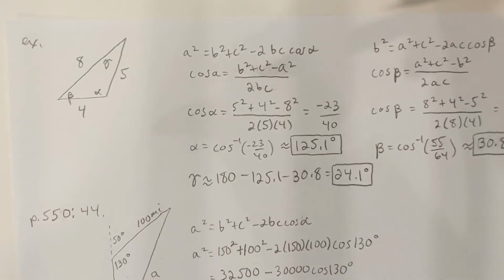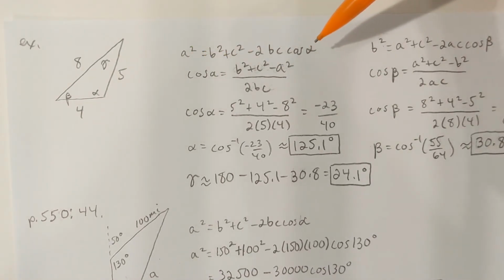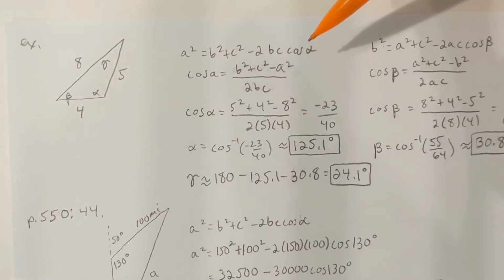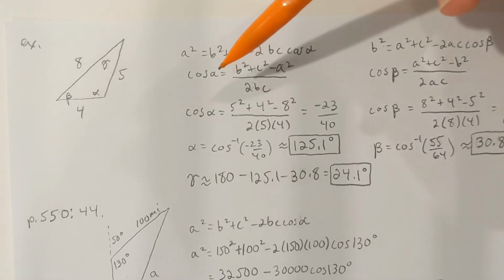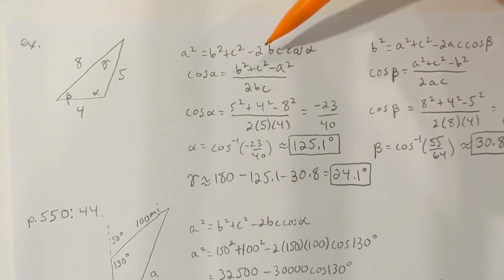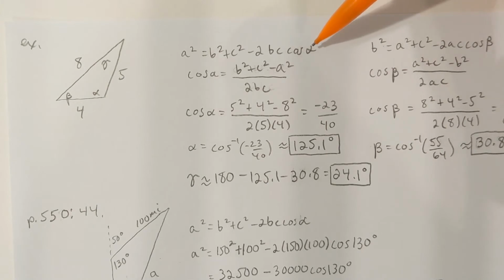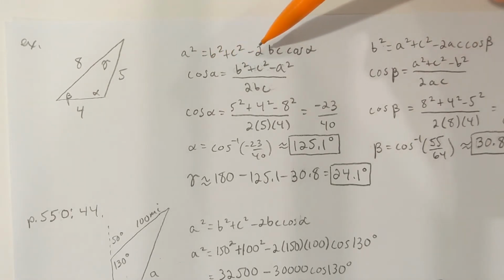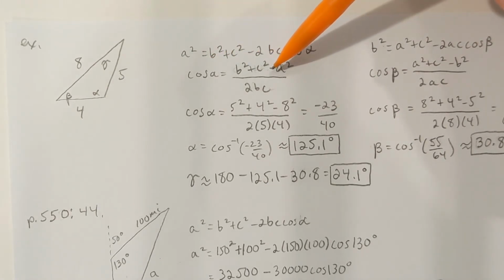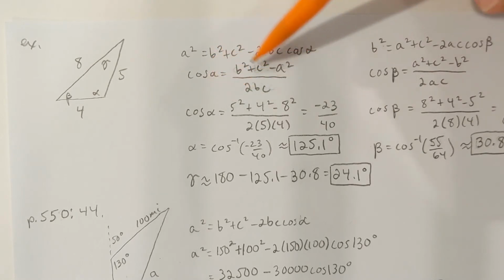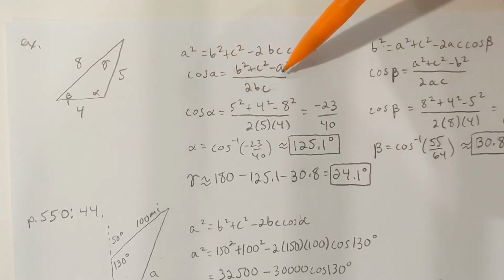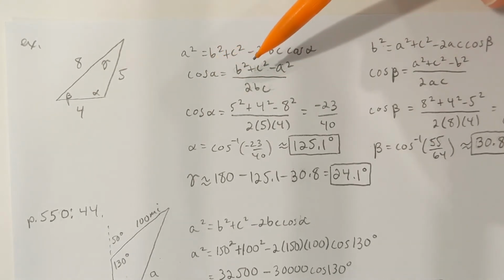So here's my law of cosines, and I have solved this equation for cosine alpha. Okay, if I add 2bc cosine alpha to both sides and then subtract a squared from both sides and then divide by 2bc, then this is the same formula, just it's been solved for cosine alpha.